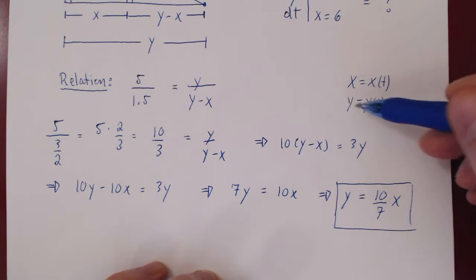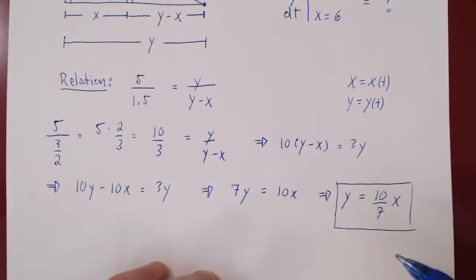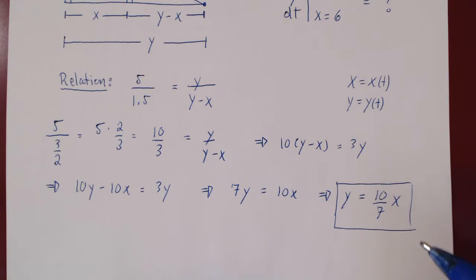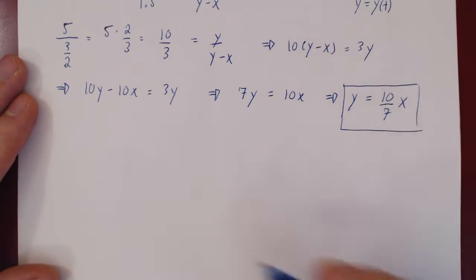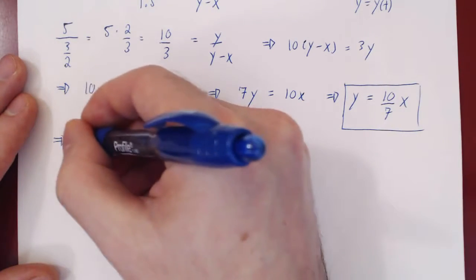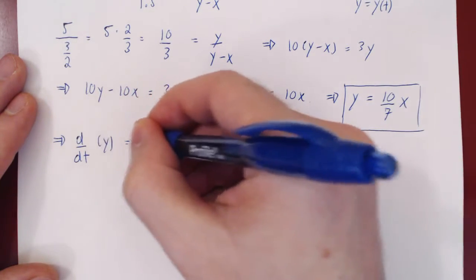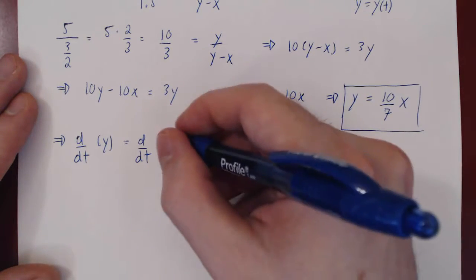X is a function of t, y is a function of t, because as t changes, both x and y are changing. So both the left and the right-hand side are functions of t. Therefore, they have the same derivative. So let's differentiate both sides with respect to t. The derivative of the left-hand side with respect to t equals the derivative of the right-hand side with respect to t.